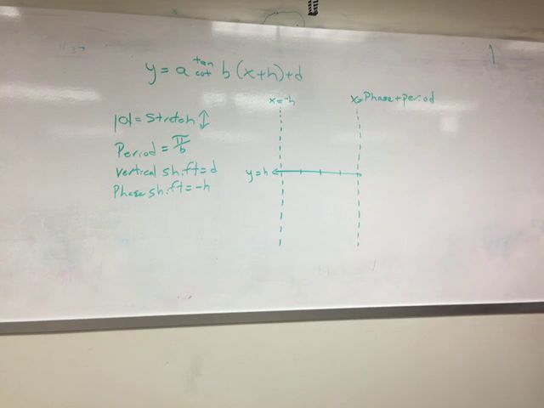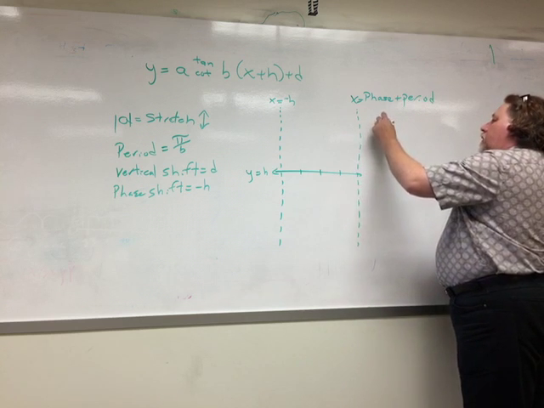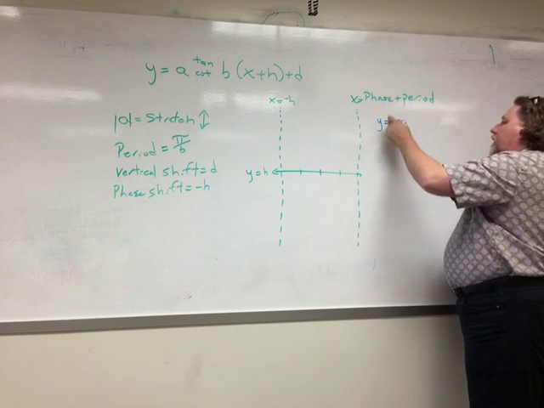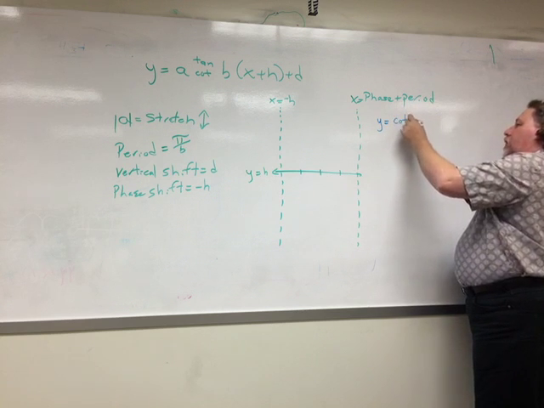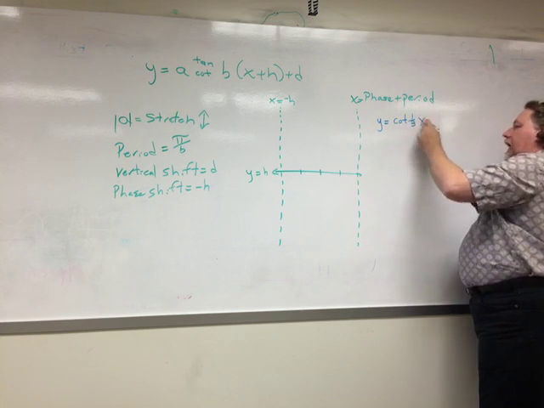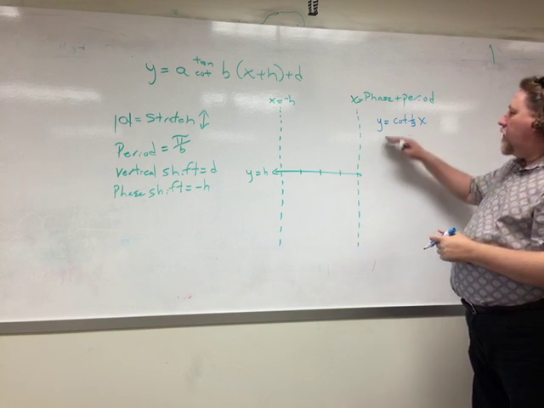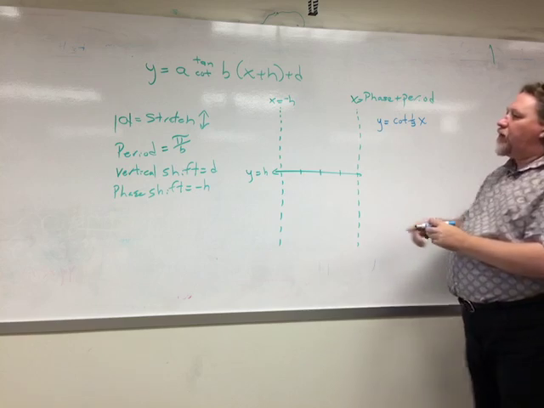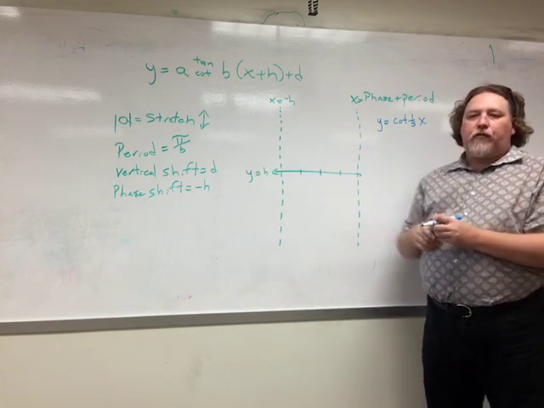So as an example, suppose I had y equals cotangent of 1/3 x. Just as a quick example. All right, then you'll notice right here, if I match up the parts, my A is 1, so I have a vertical stretch of 1.